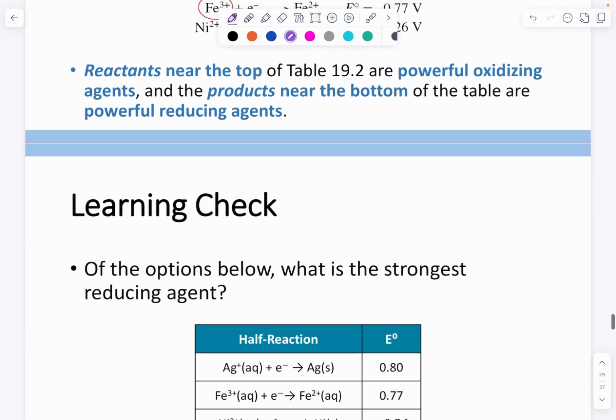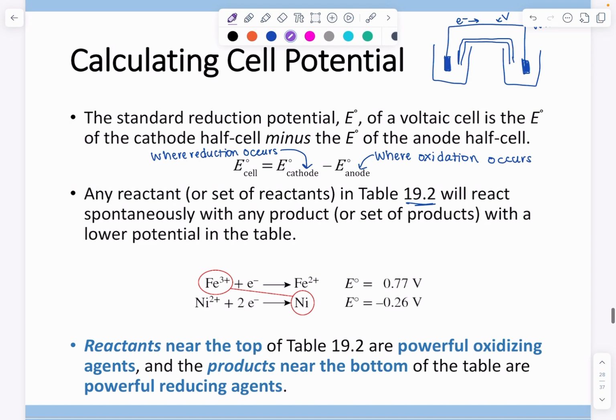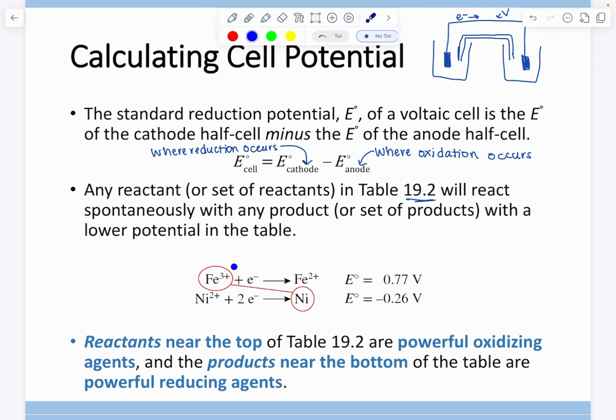Okay, back to our slide here. This is helpful because you might not be told which substance gets oxidized or reduced. Here's an example. Let's say we have these 2 reactions. We'll be using iron and nickel to create a voltaic cell. This first reaction, iron 3+ with an electron becoming iron 2+, has a higher standard reduction potential than this one.